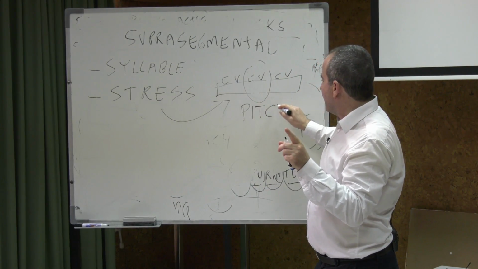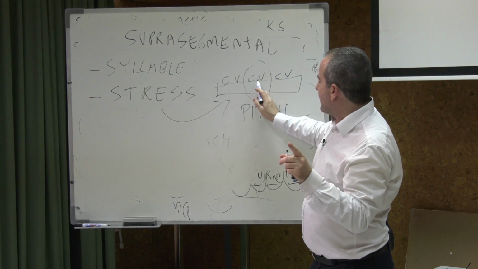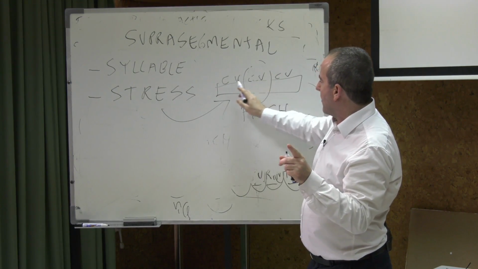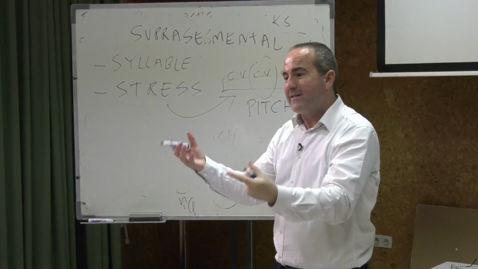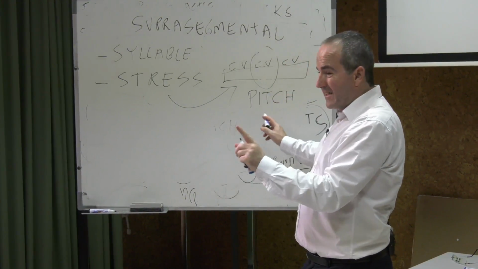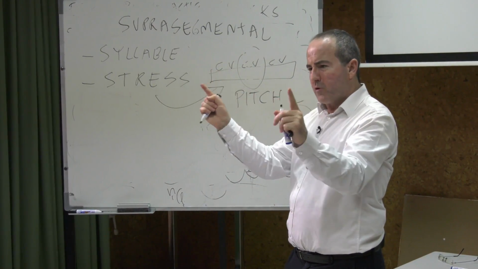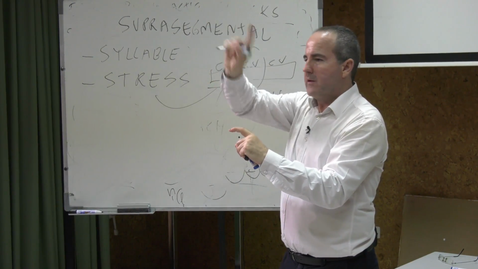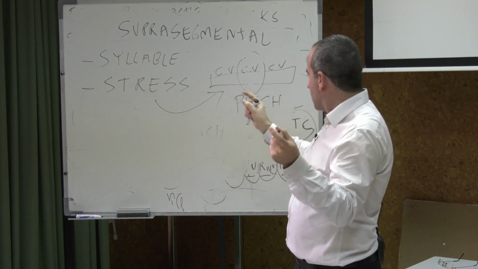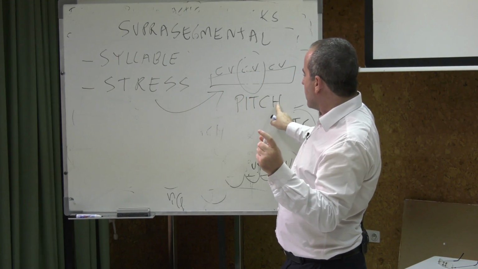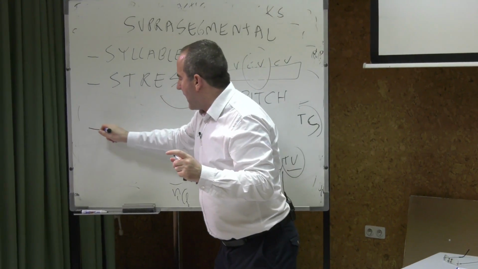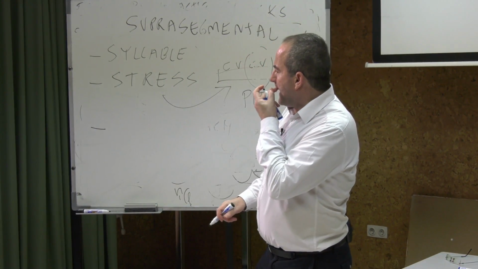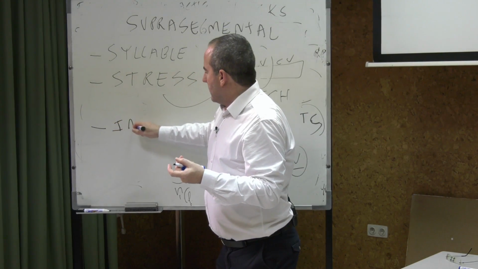Okay, the difference in frequency between the stressed syllable and the rest is what makes it possible to identify which one is the stressed syllable. More than intensity. Before it was believed that it was intensity, how loud it was.